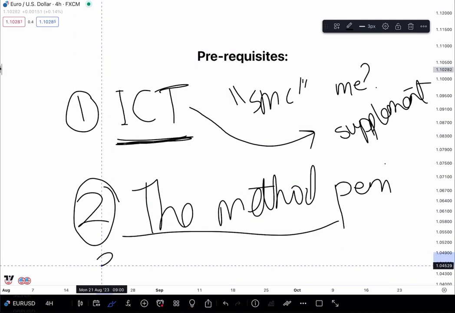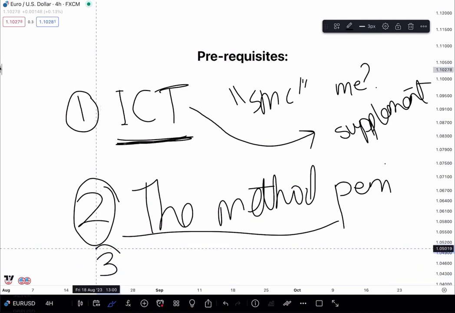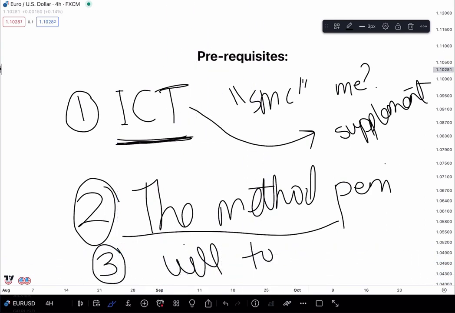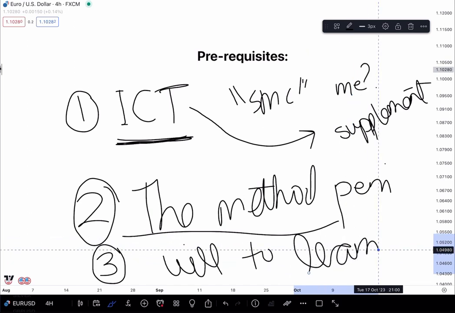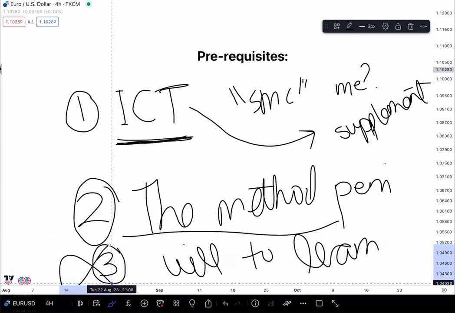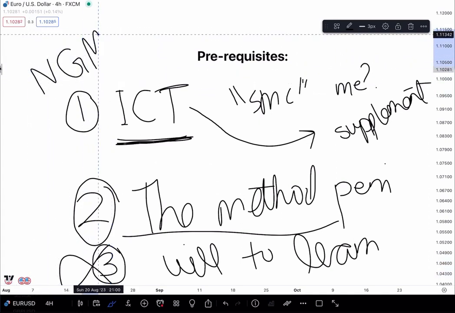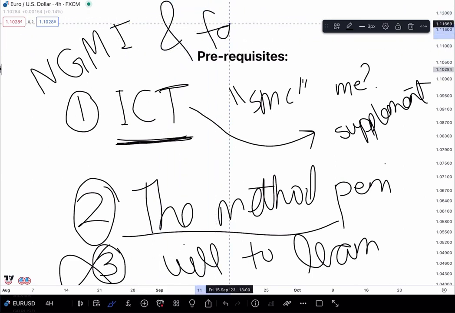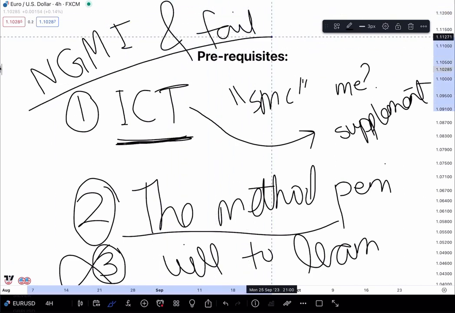And third of all, you must have the will to learn, because without these 3 things, especially number 3, you will never make it, and you will fail.